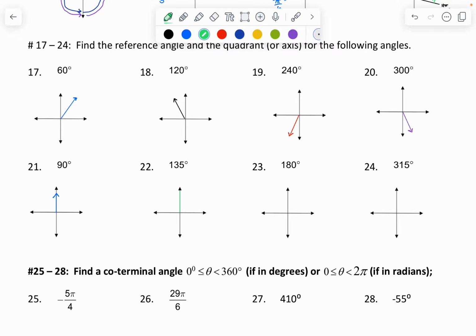If this is 90 and this is 180, it's going to split them right down the middle. 180 is just a flat line to the left. And 315 lies right in between 270 and 360. So we've got all of our angles here drawn.